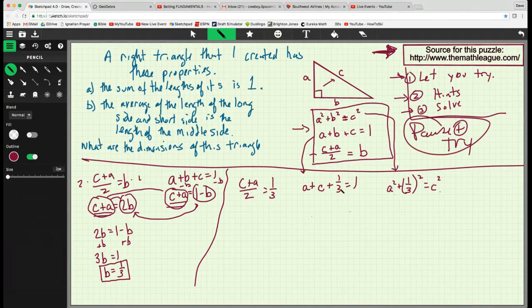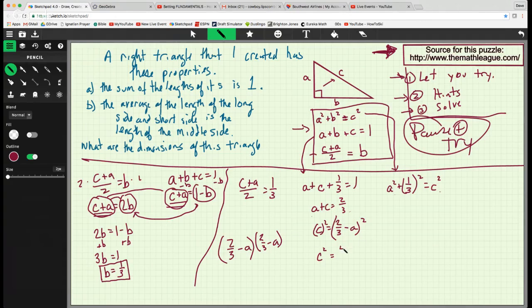And so we had A plus C equals 2/3. C equals 2/3 minus A. Now we're going to square both of these sides, and then we're going to substitute. So C squared equals, well, remember, this is 2/3 minus A times 2/3 minus A. That's what 2/3 minus A squared is.